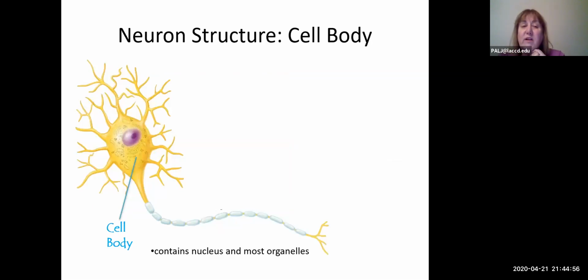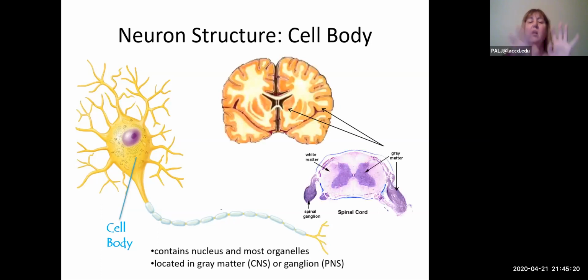Looking at the structure of a typical individual neuron, there is the main component which holds most of the organelles, not all of them, but most of them. This part is called the soma, the neurosoma, or we can just call it the cell body. This is where the nucleus with its prominent nucleolus is going to be located. Now, where are cell bodies located in the nervous system?